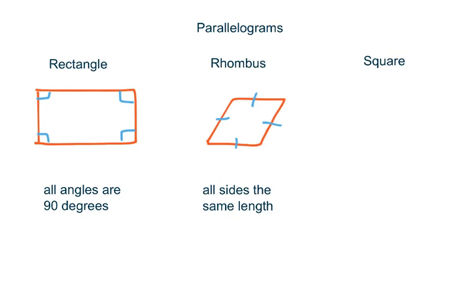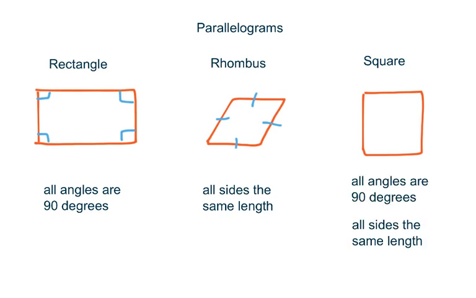Finally here, we have a figure that you're probably very familiar with, and that is a square. Now, a square is very interesting because in a square, all of the angles are 90 degrees and all of the sides are the same length.